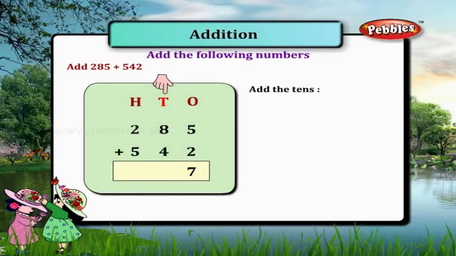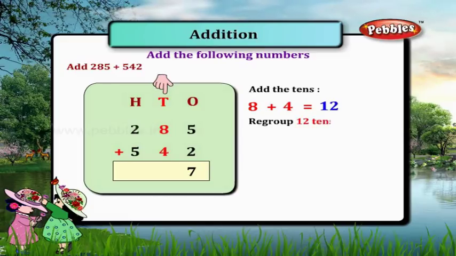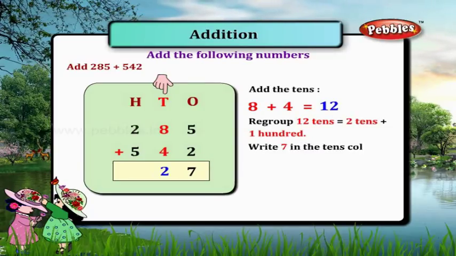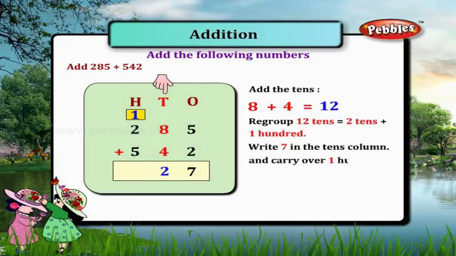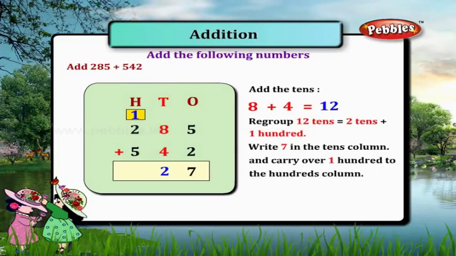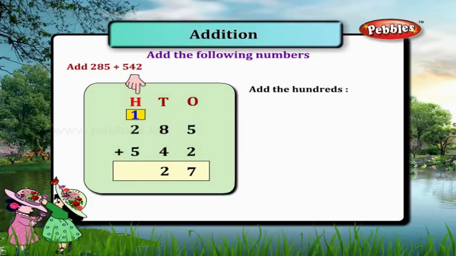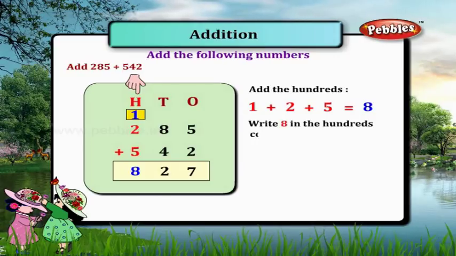Now add the tens. 8 plus 4 equal to 12. Regroup 12 into 2 tens and 100. Write 2 in the tens column and carry over 100 to the hundreds column. Now add the hundreds. 1 plus 2 plus 5, and that is equal to 8.